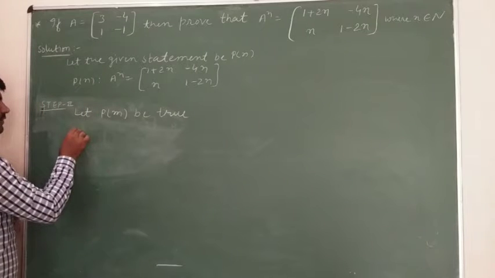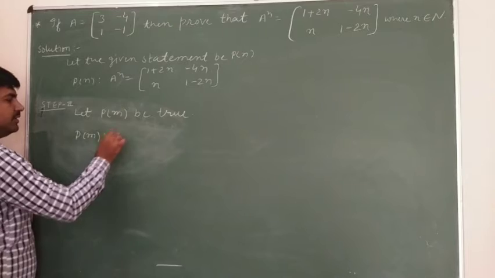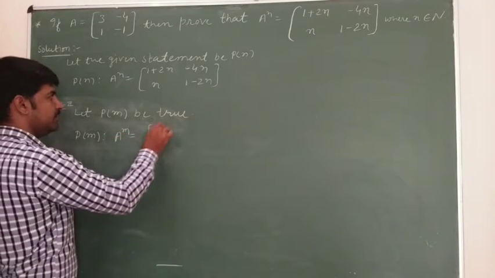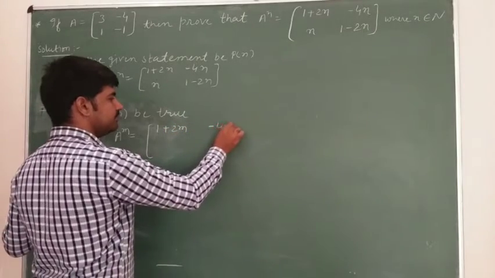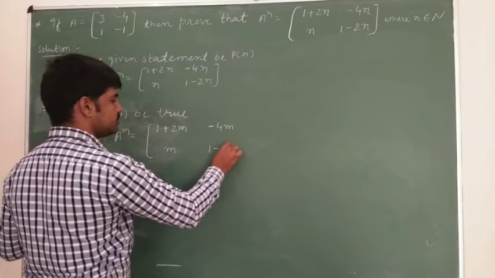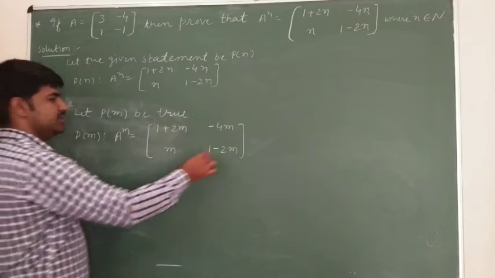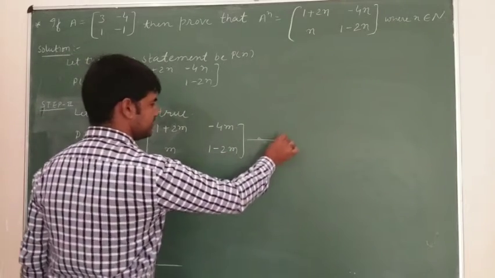Dear students, what will be Pm if this is Pn? Pm will be A raised to the power m is equal to 1 plus 2m, minus 4m, m, and 1 minus 2m. I give it equation number first.